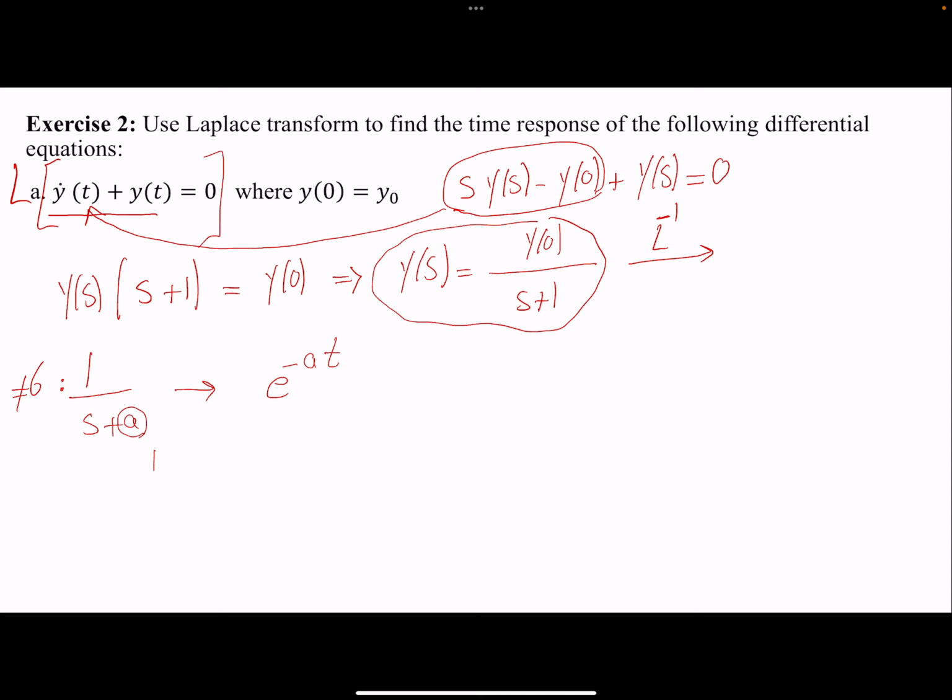And then in the numerator we have an extra component that's a constant value that stays as a coefficient. So whatever the value is, and then e to the minus at, which a here for us is 1, so that would be the value for us.